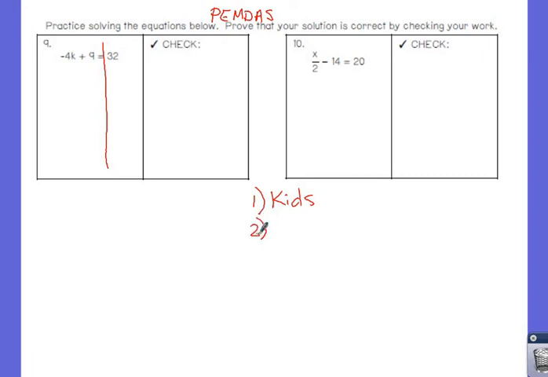Second would be get rid of any creepers. And lastly would be to deal with the couples. Okay, well what happens if I don't have any kids? What step would I move to? The creeper. Okay, so let's use that to help us solve.